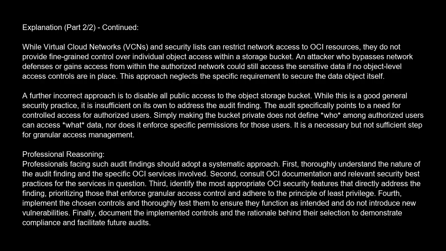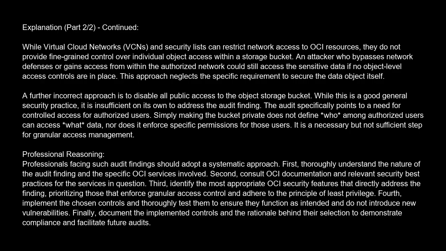Professional reasoning. Professionals facing such audit findings should adopt a systematic approach. First, thoroughly understand the nature of the audit finding and the specific OCI services involved. Second, consult OCI documentation and relevant security best practices for the services in question.